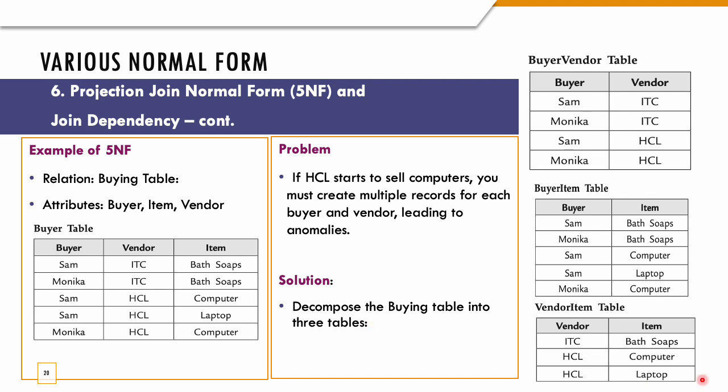As the solution, we need to eliminate these anomalies, so we decompose the buying table into three separate tables. This decomposition preserves data integrity and allows us to reconstruct the original table by joining these smaller tables.